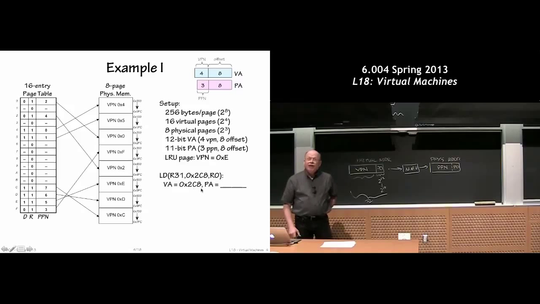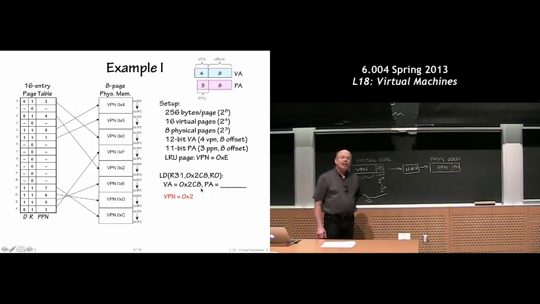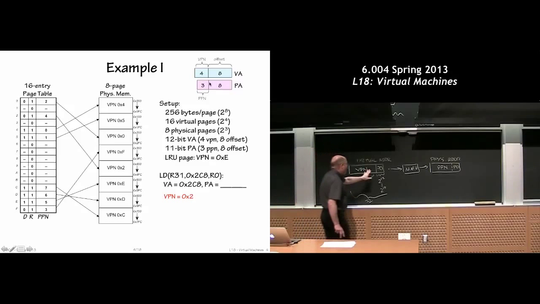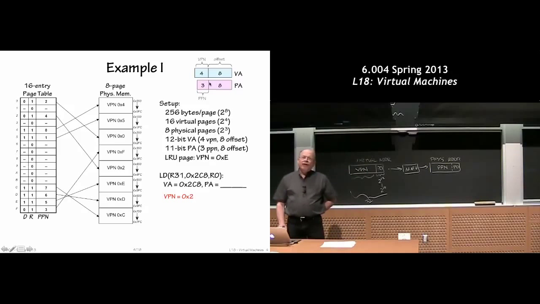So in this case, the page offset is C8, and the virtual page number is 2. Everybody happy with that? I had to look carefully at how big my page sizes are to figure out how to divide an actual address into its component parts. And what we're going to do now is map virtual page 2 into a physical page.